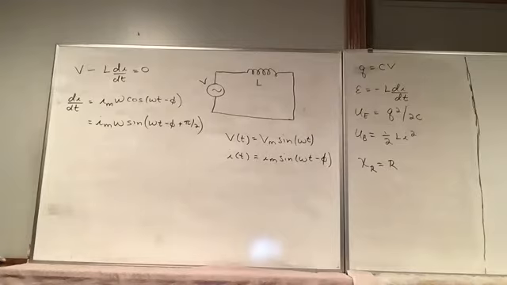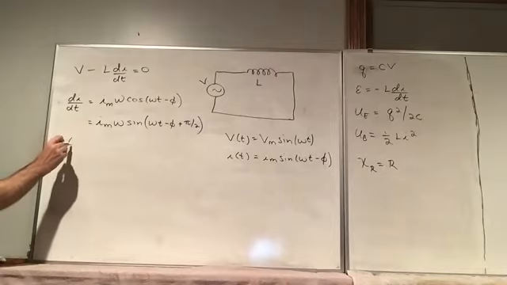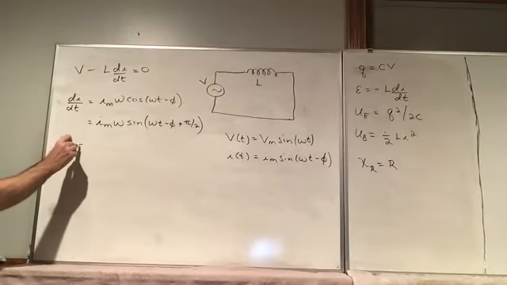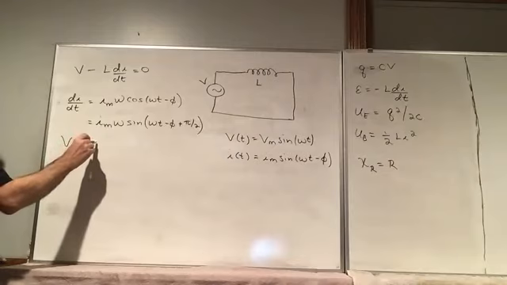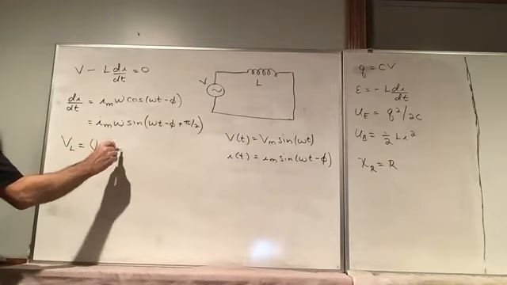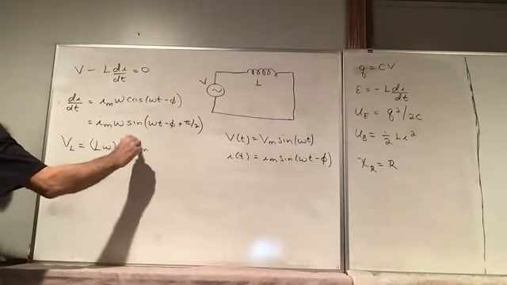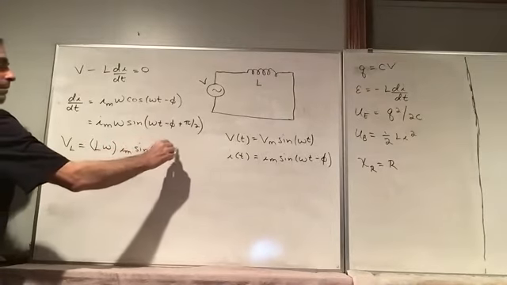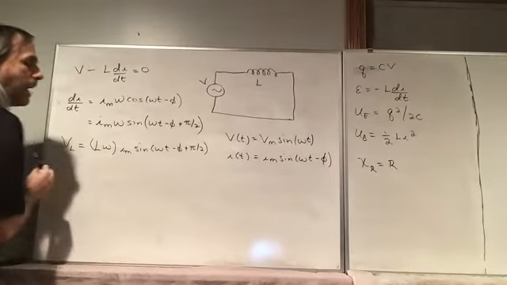But anyways, so let's look at the voltage across the inductor. So it'll be L times this. I'm going to write it in a particular way. L omega Im times sine of omega t minus phi plus pi over 2.